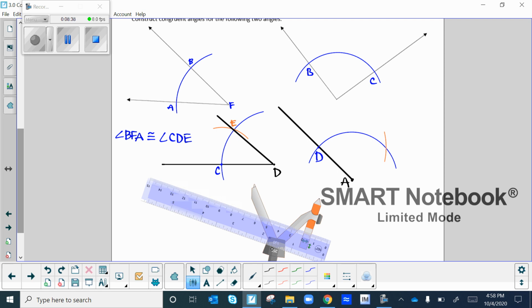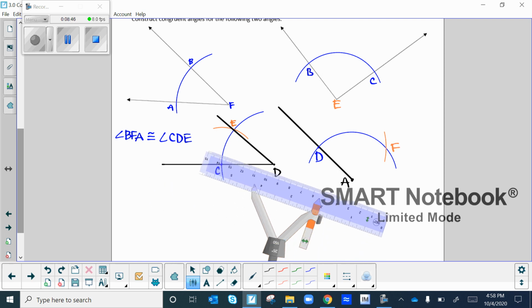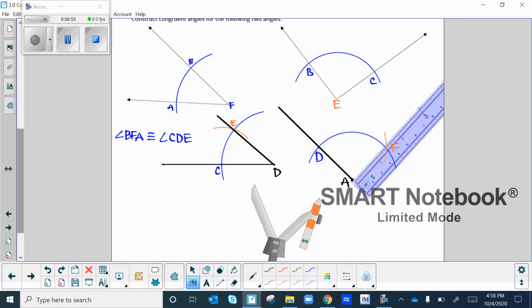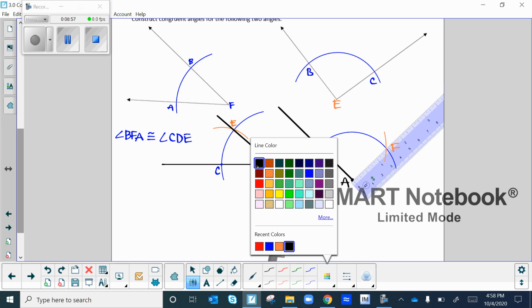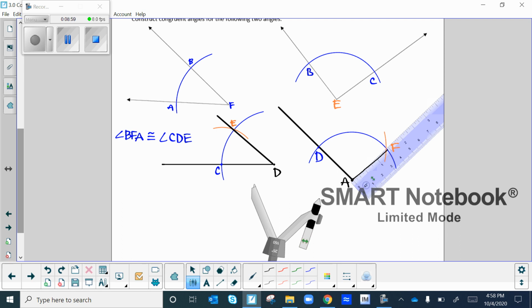Okay, so A, B, C, D, let's call this one point E. Let's call this one point F. And now we need to use our ruler to make a line, or a ray, I should say, going from A through point F. Okay, so here it is, and it didn't make it.